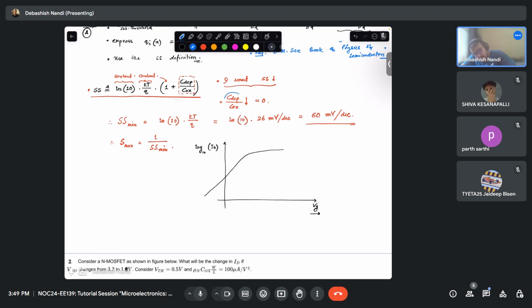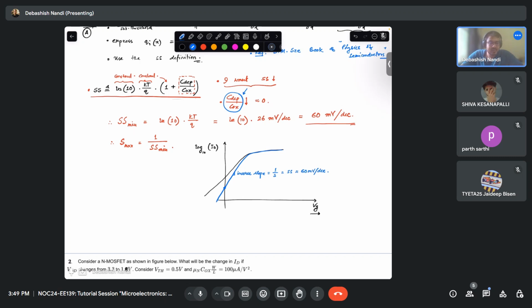Now, by optimizing this ratio, you can get a minimum of 0 volt. That means you can get the minimum of this value. Here your inverse slope, that is 1 over S, SS is 60 millivolt per decade.